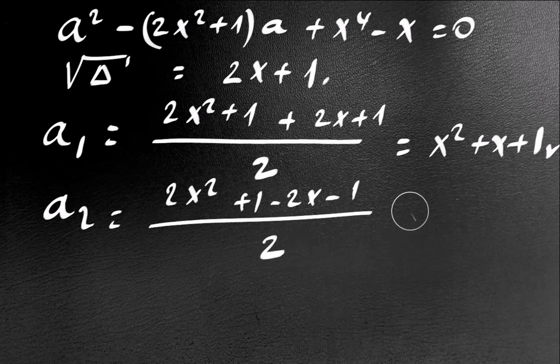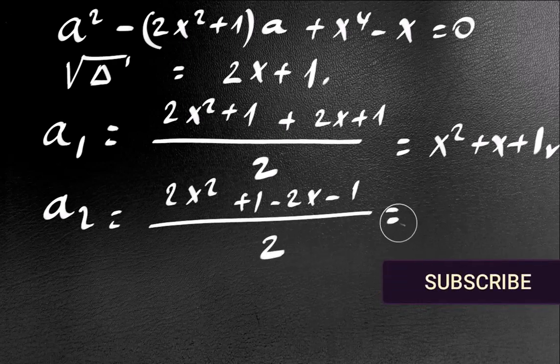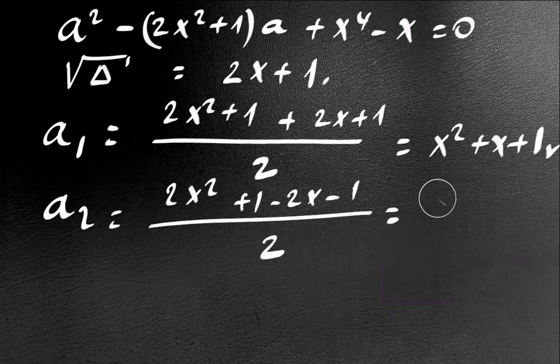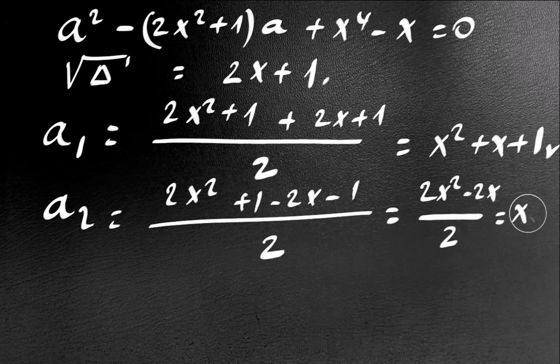That gets us to (2x squared minus 2x) over 2, that will get us to x squared minus x. Excellent. So now, since we have the roots, we can factor this expression with a minus a1 and a minus a2, right? So let's do that.